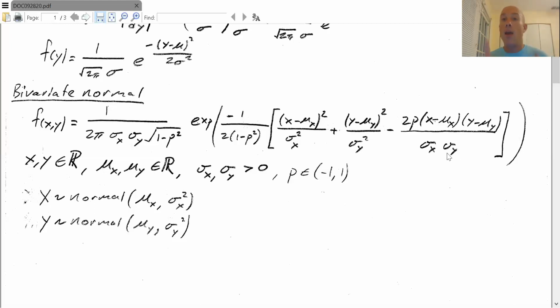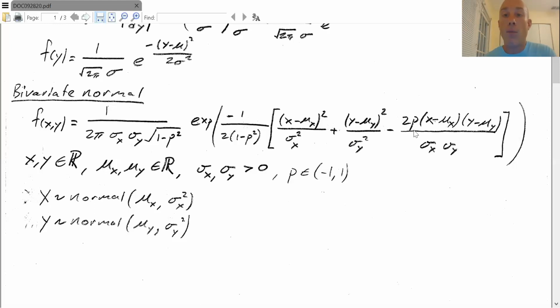All right, so if we think about our stat theory course, and we think about the property of exponentials, if rho is equal to 0, this term would disappear. And if this term would disappear, then I would be able to factor this exponential. Remember, with exponentials, addition inside the exponent can be factored into multiplication of two exponentials.